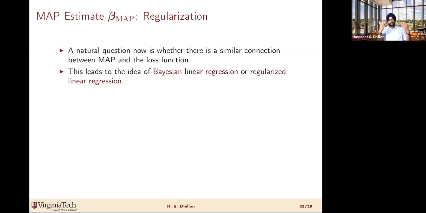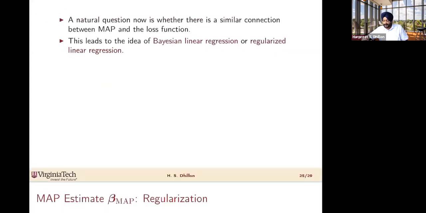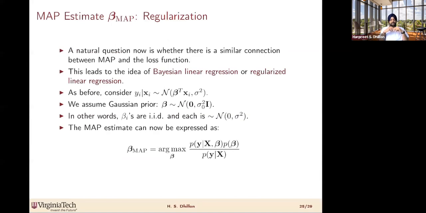Again, if you have been exposed to machine learning more from the algorithmic side, I think this discussion would be of interest to you. As before, we consider a Gaussian model: Y conditioned on xi is Gaussian with mean beta transpose x and variance sigma squared. Remember, this is nothing but yi equals beta transpose xi plus a Gaussian term.